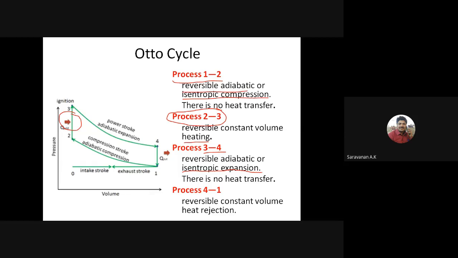The fourth process is heat rejection at constant volume. We discussed how the efficiencies are calculated and how to derive the equation for the thermal efficiency, which for the Otto cycle is the air standard efficiency.